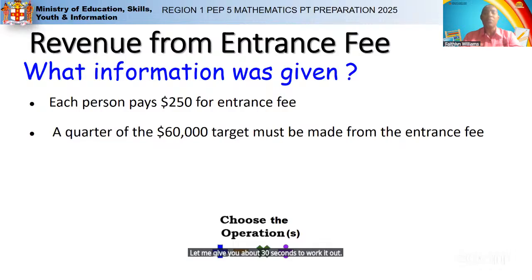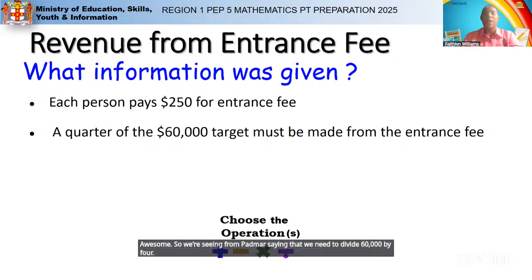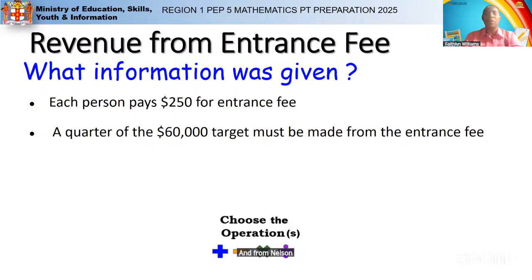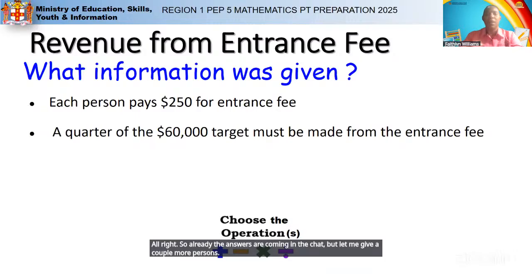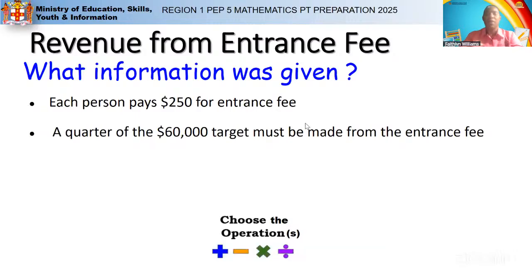Awesome. So we're seeing from Padmore saying that we need to divide 60,000 by 4. And from Nelson that we need to find a quarter. So go right ahead and find a quarter of 60,000. Erisa, you want to look at your response there. All right. So already the answers are coming in the chat, but let me give a couple more persons just a couple more seconds to type your answer in the chat.